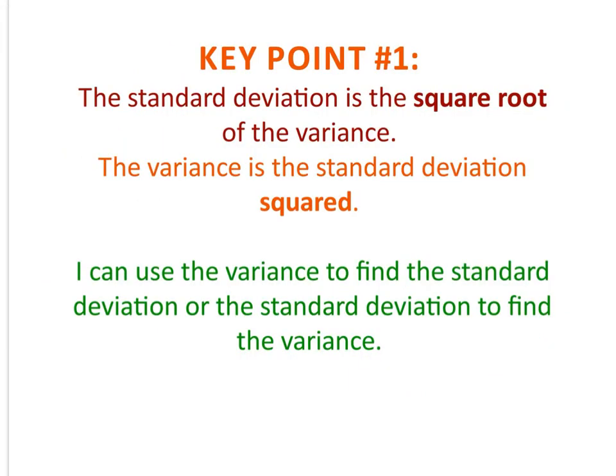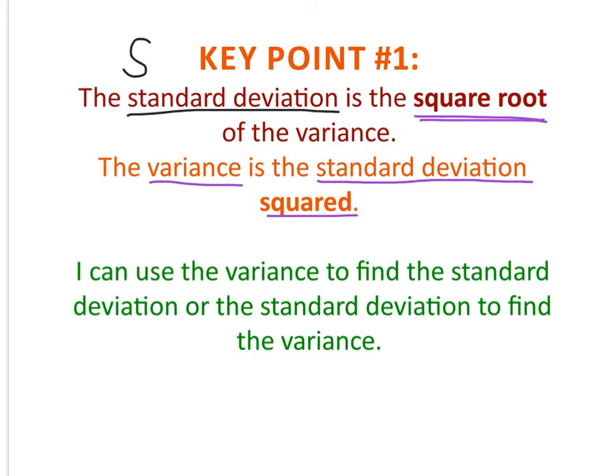So key point 1, standard deviation is the square root of the variance. So the variance is the standard deviation squared. Remember my notation, standard deviation is SX, the variance is SX squared, or just S squared. I can use the variance to find the standard deviation, or I can use the standard deviation to find the variance.